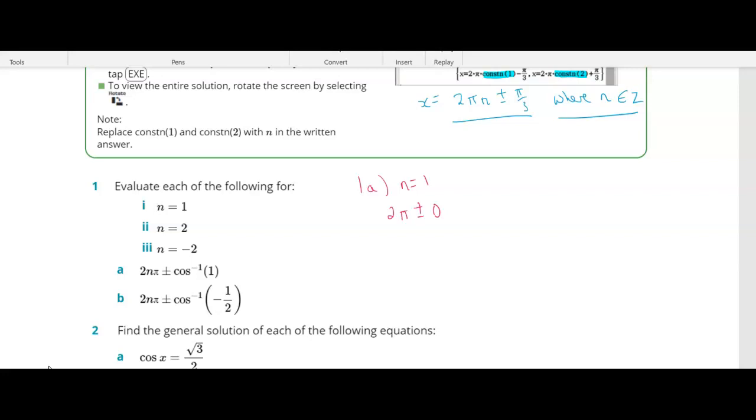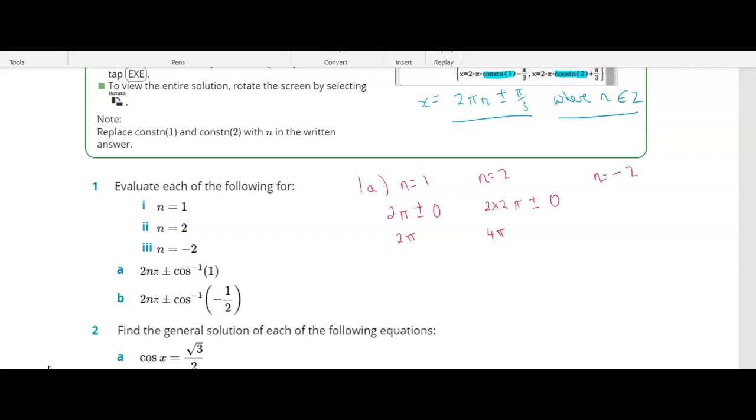So this is going to be 2 pi. Then when n equals 2, we're going to have 2 times 2 pi plus or minus 0. So we're going to have 4 pi. And then n equals negative 2.